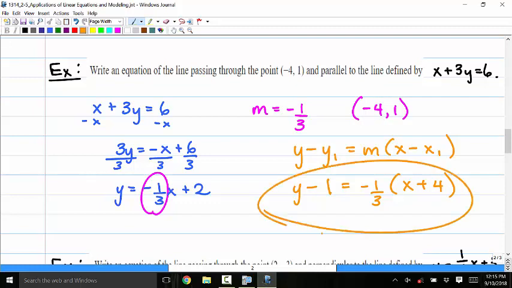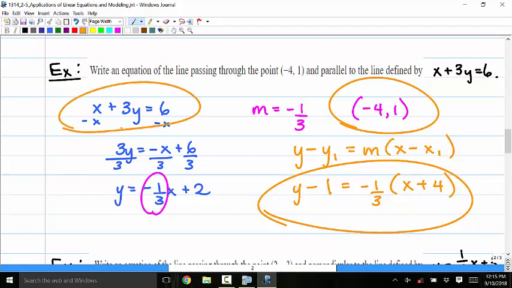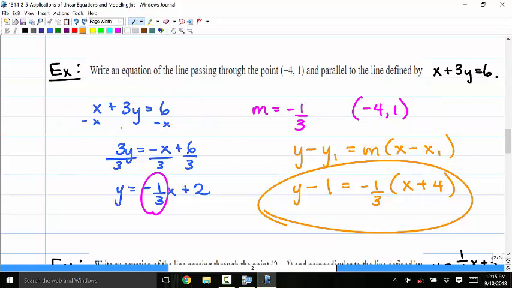There's the equation of the line that goes through this point and is parallel to that line. That's the answer right there.